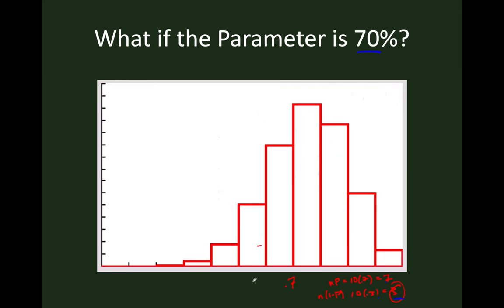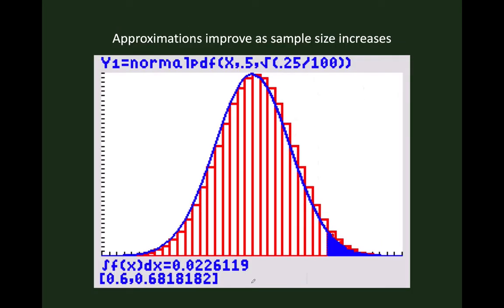Now, the other way that we could calculate this p-value, if I go back and look at my graph here when n is equal to 100, I could also use this area under the curve. And here I don't have the correct probability value because this is going from 60% to the right, not 64%. Notice though that I'm underestimating with the normal curve, because it's slicing off these upper right-hand corners of the histogram bars.